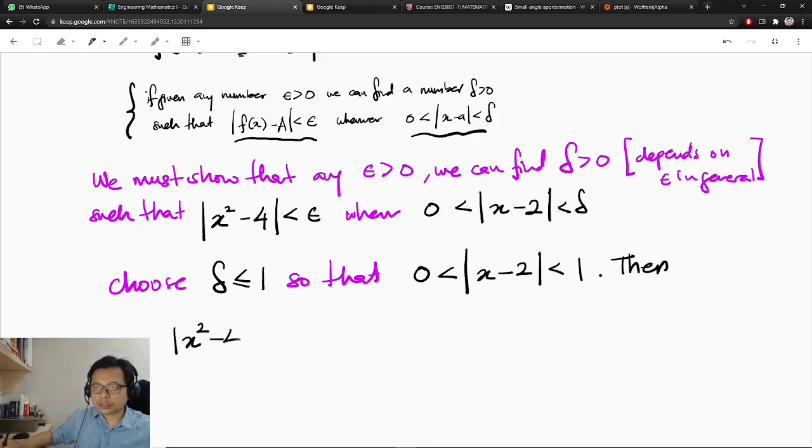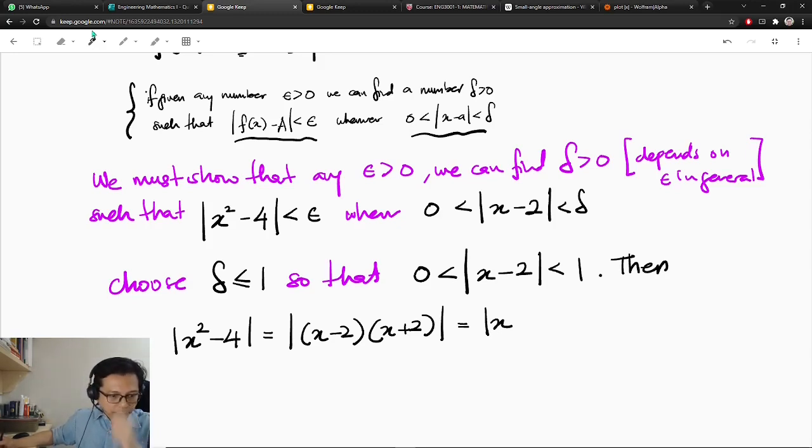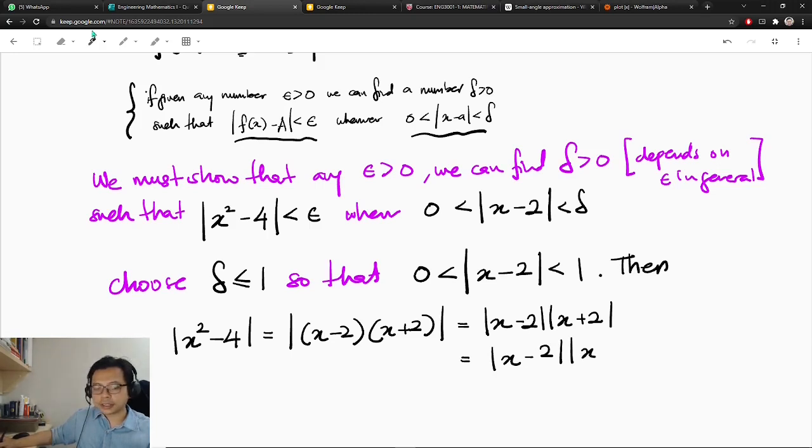Then what I can do is x squared minus 4 would be equal to, I'm just going to expand this, x minus 2 times x plus 2. Okay, so I can actually expand this to x minus 2 times the quantity x minus 2 plus 4.